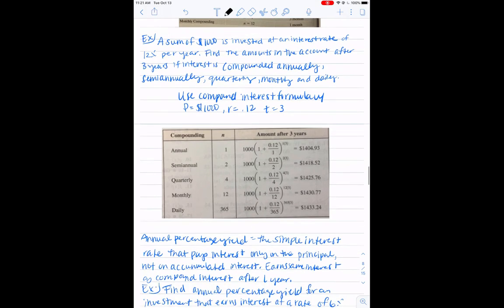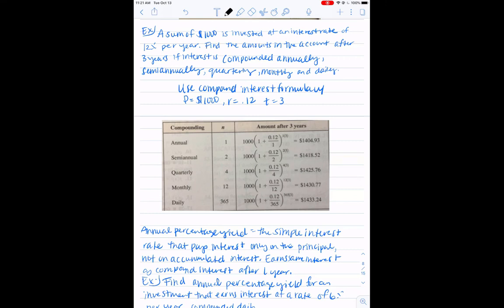Okay, so let's go ahead and do an example. So we have a sum of $1,000 invested at an interest rate of 12% per year. So we have 1,000, that's our P, at an interest rate of 12% per year.